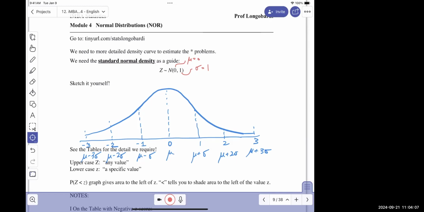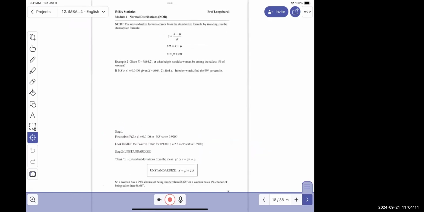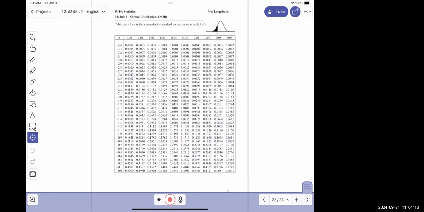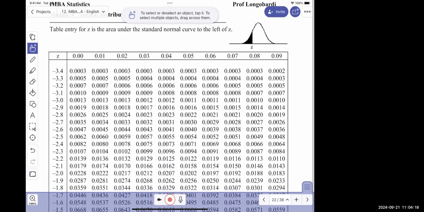They provide a lot of values in these tables that are on page 22 over here. These tables can be used for more detail about what to expect.